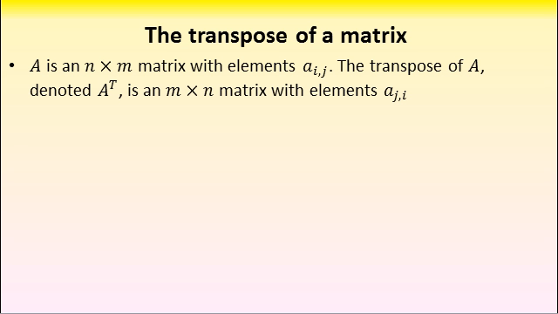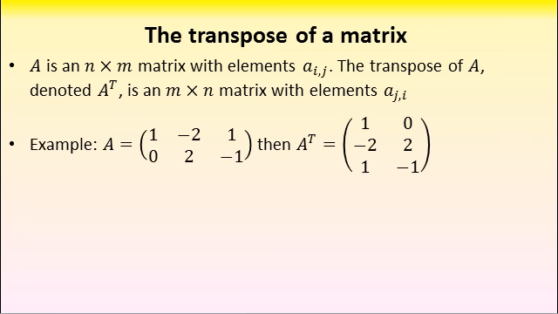To summarize this discussion, if A is any n by m matrix with elements a_{i,j}, then the transpose of A, denoted A^T, is m by n and it has elements a_{j,i}, switching the position of the indices. So here's a simple example.